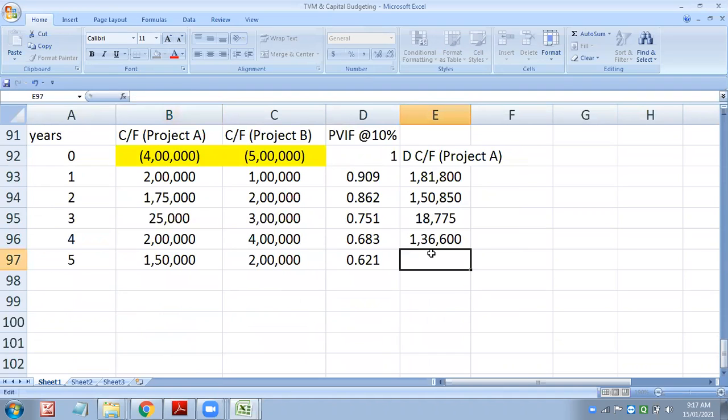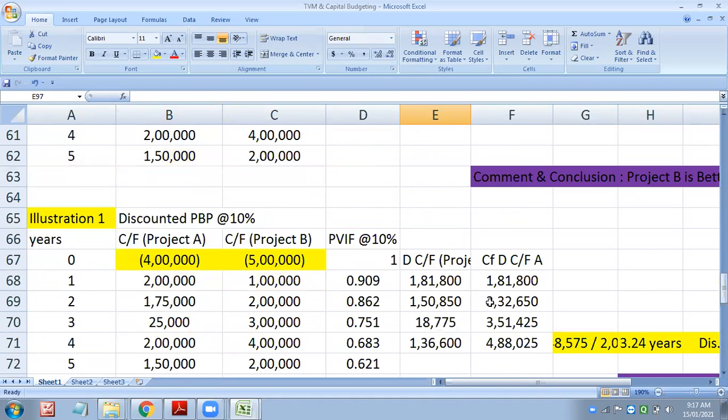For that, I need the discounted cash flow for project A. Just multiply and get me the answer, for the fifth year also.